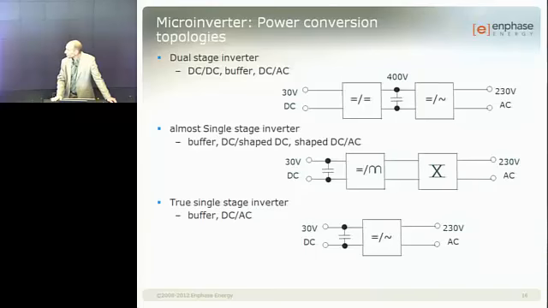The second topology is different. We have the capacitor right at the input. It's actually a larger capacitor than the one before. And then we have a stage that does boosting, but does shaping as well. So the output of that stage is a rectified sine wave. Okay?